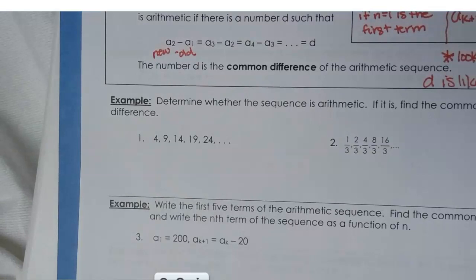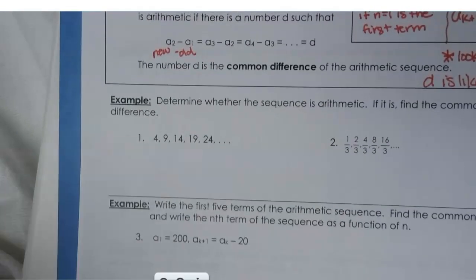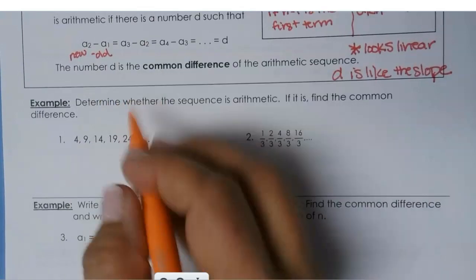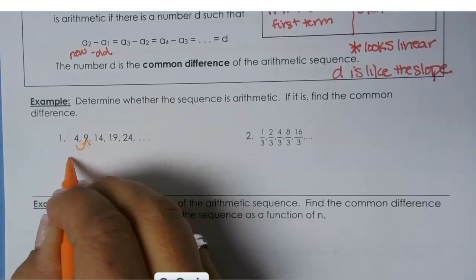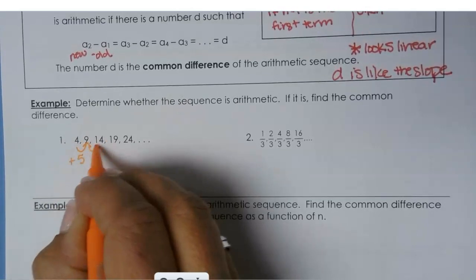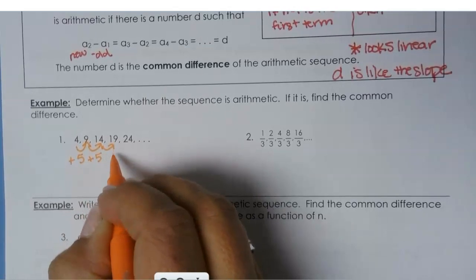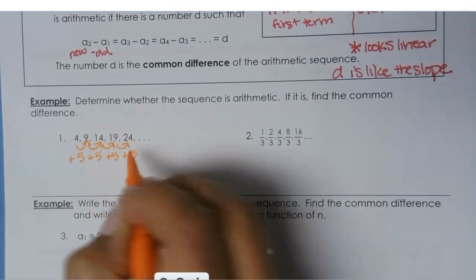So the next thing says to determine if the sequence is arithmetic, and if it is, to find the common difference. If I look here, I have 4 to 9, which means we're adding 5. 9 to 14, we're adding 5. 14 to 19, adding 5. 19 to 24, adding 5.